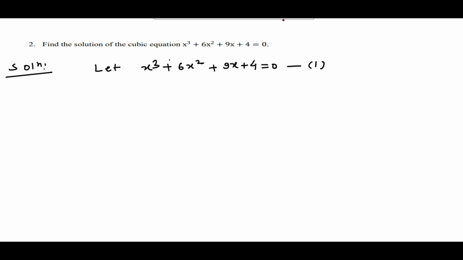So now we need to convert this equation into the form x cube plus qx plus r is equal to 0.